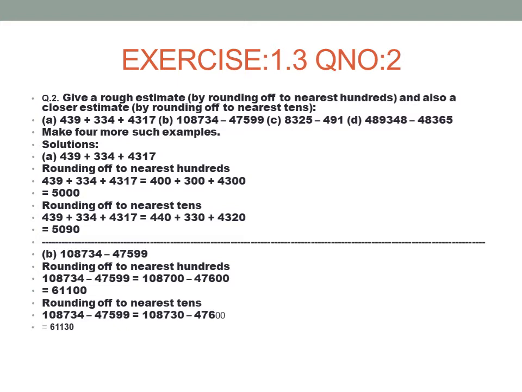Rounding off to the nearest 100, we have completed. See here, 1 lakh 8,734 minus 47,599 is equals to round off to 1 lakh 8,700 minus 47,600, which will give you 61,100.